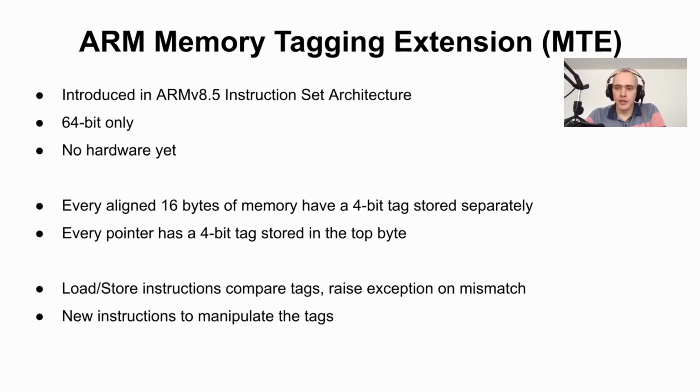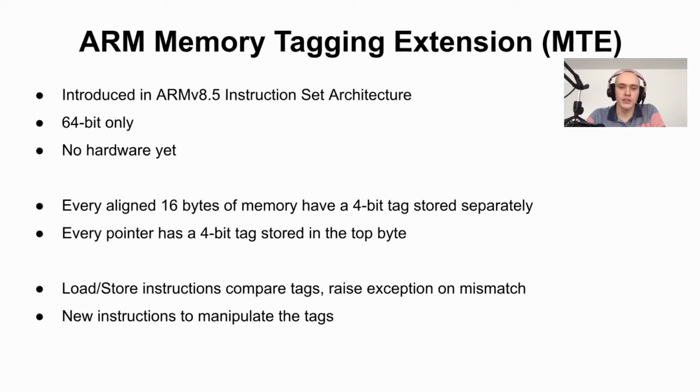The ARM memory tagging extension was added in ARMv8.5 not very long ago. Right now it only exists as a spec, so there is no actual hardware yet. With ARM memory tagging, we have a granule size of 16 bytes, and we have 4-bit tags for memory and for pointers.